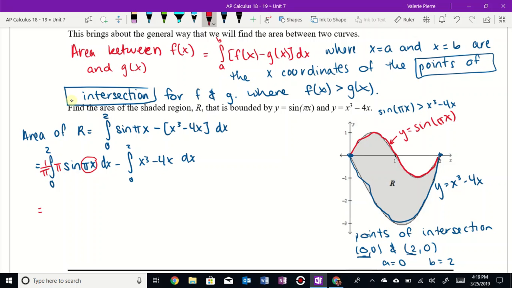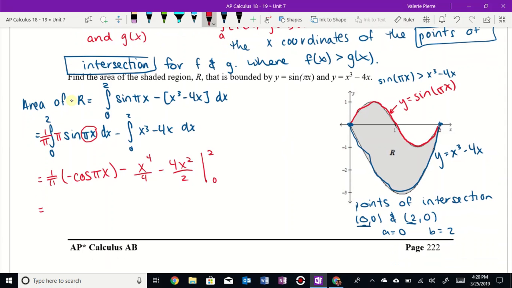So this is going to be equal to 1 over pi times negative cosine pi x, minus, and then here I just add 1 to the exponent and divide by my new exponent. So I have x to the 4th over 4 minus 4x squared over 2, and I'm going from 0 to 2.